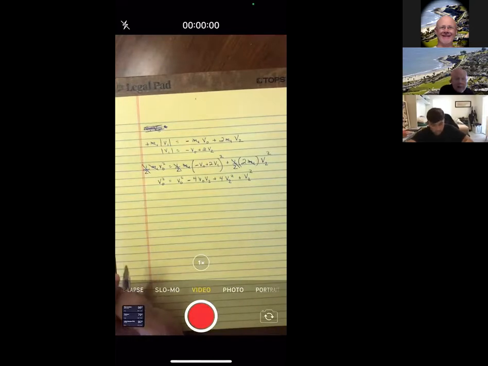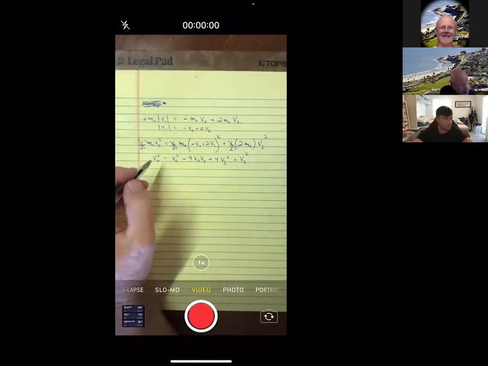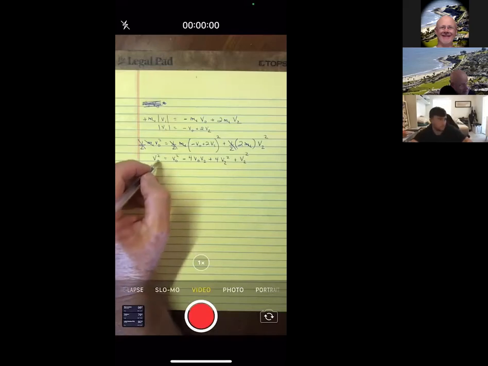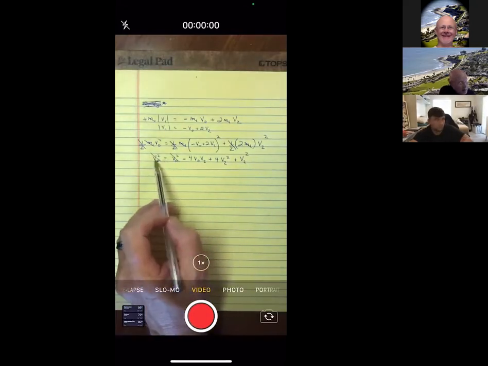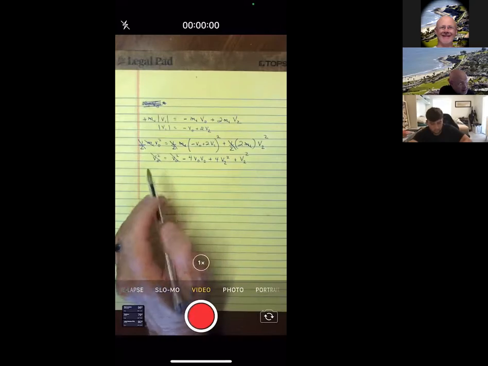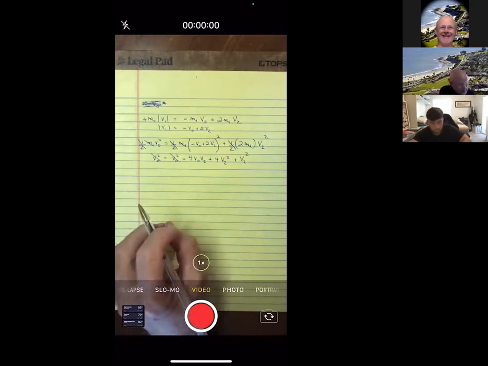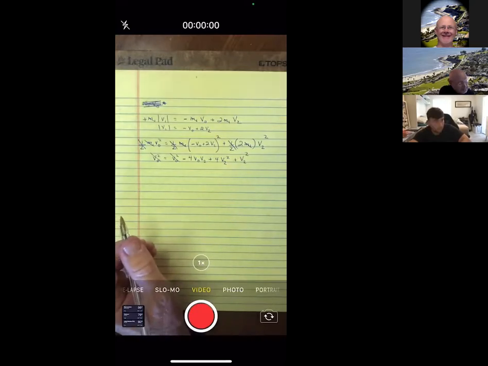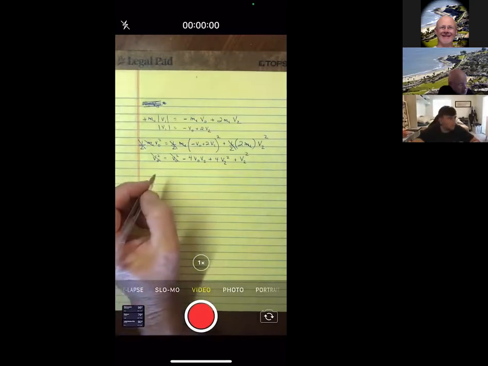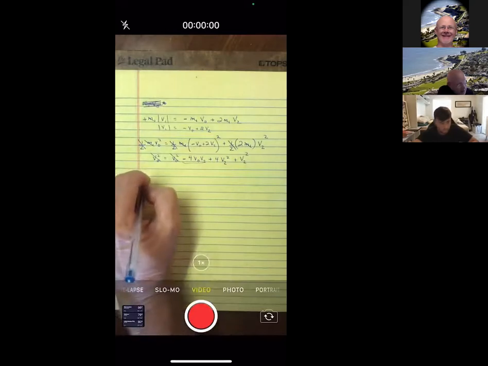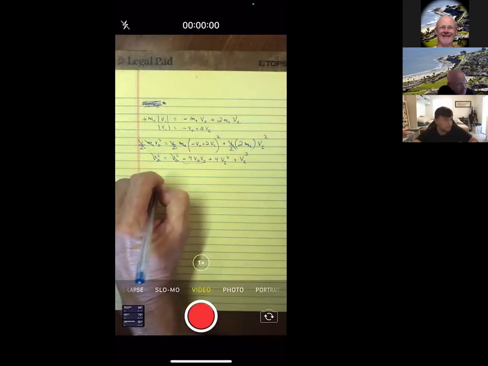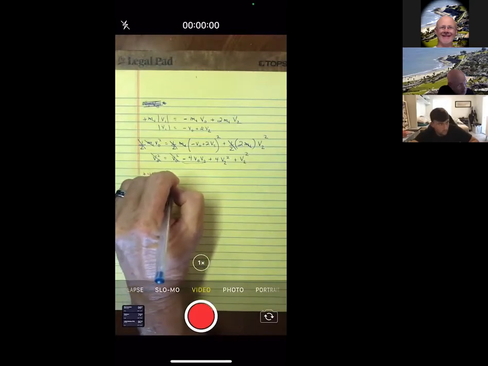Oh, and actually, algebraically, this one looks a little easier because the v naughts have the same coefficient and are on opposite sides. So they would actually cancel off also. And so if you move this to the other side, it now becomes plus 4 v naught v2.